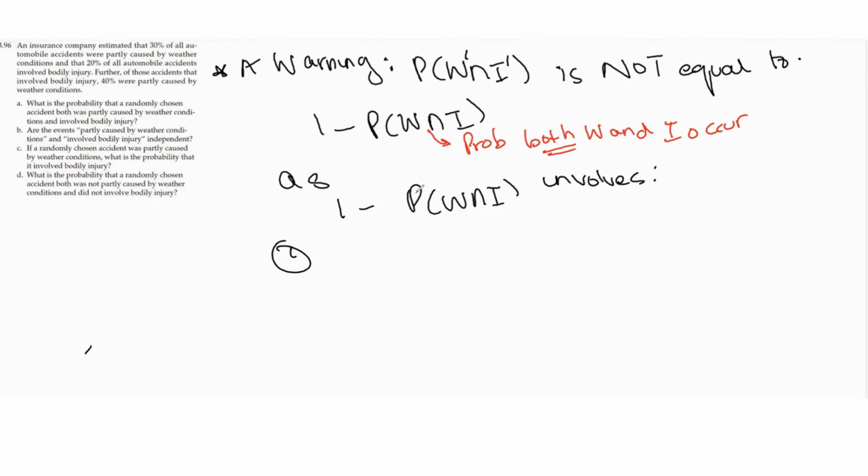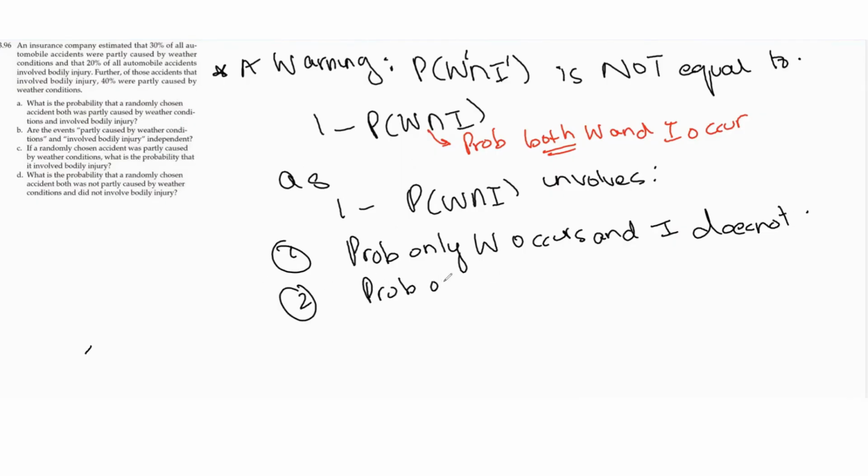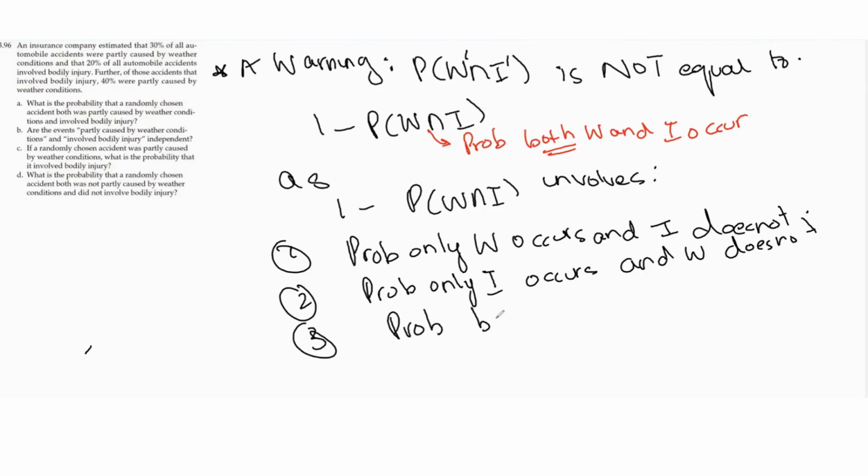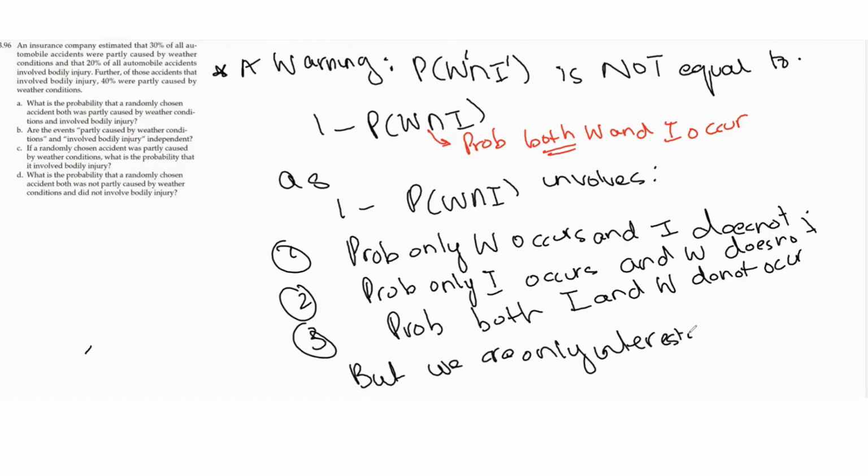Number one, the probability only W occurs, and I does not. Number two, the probability only I occurs and W does not. Number three, the probability both I and W don't occur. But we are only interested in three, right?